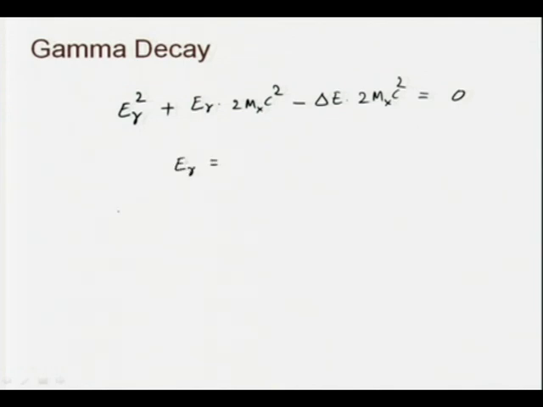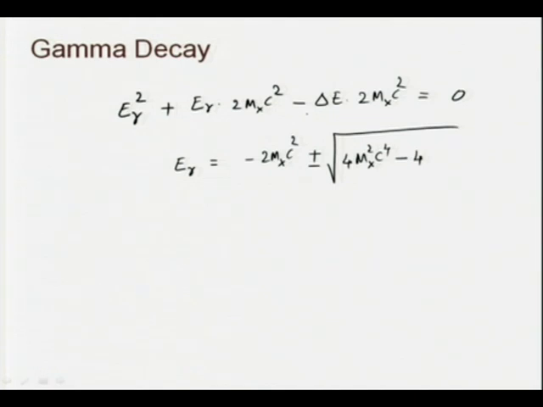as minus twice m x c square plus or minus under root 4 m x square c to the 4, the coefficient of E gamma square, which is 1, minus 4 times the coefficient of the constant term.